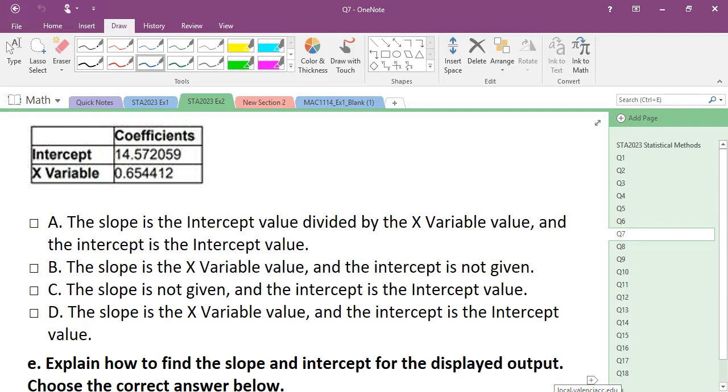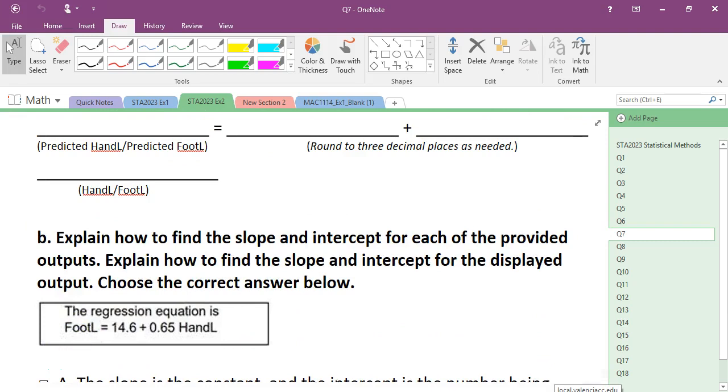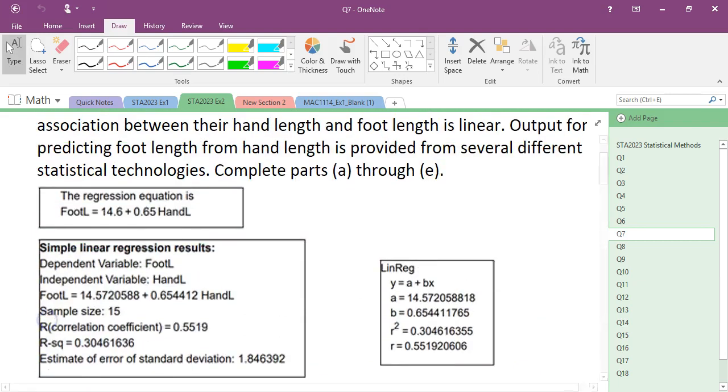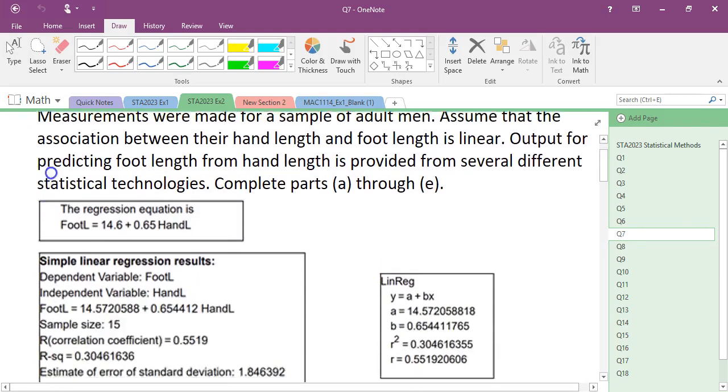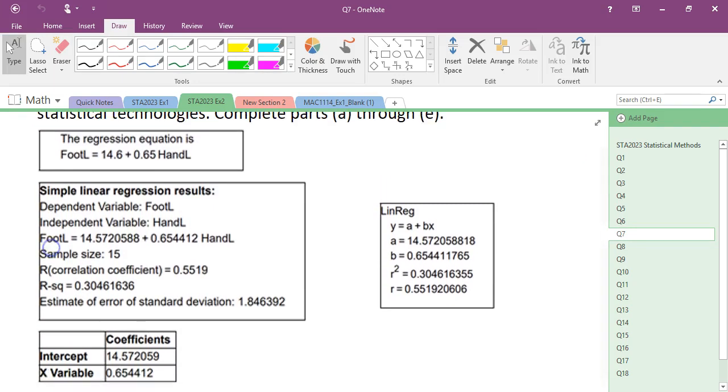So question number 7. Question number 7, a lot of information in this one. So they want you to fill in the blanks with the equation. And they give us lots of information right above that. So you can see all the different pieces that they used in order to get to the equations.